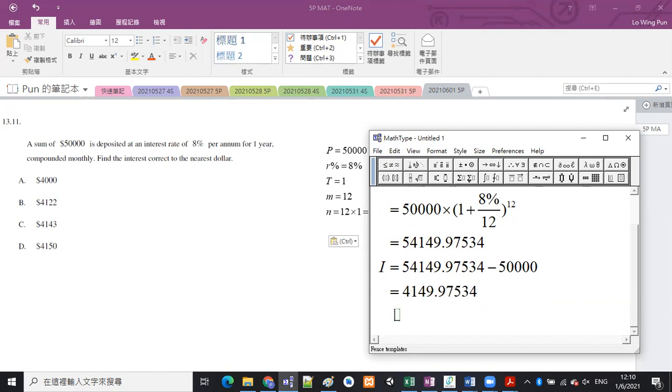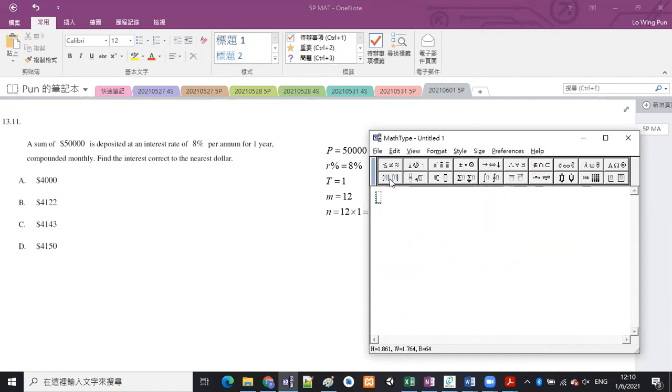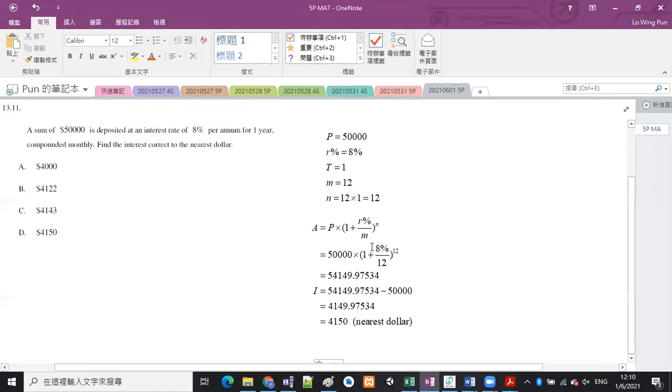When it is corrected to the nearest dollar, it should be equal to 4150. Okay, so this is the interest. You get this? Are you writing down?